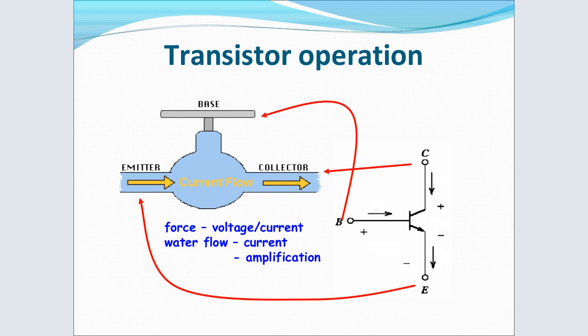So that's how the operation is supposed to be working. You can compare it to a water pipe or electricity, or whichever model or simulation scenario you can put it into.